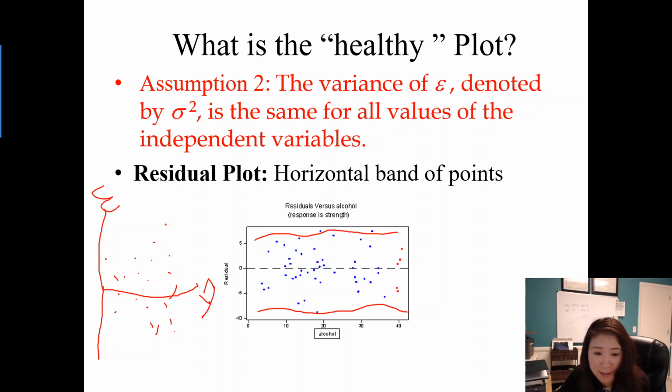If this is the case, you look at the edge of your scatter, and you notice that this obviously is not a horizontal band. Instead, it's a wedge shape or cone shape. In this situation, we indicate that our second assumption is violated. This is how you make the decision whether your second assumption is valid or not.